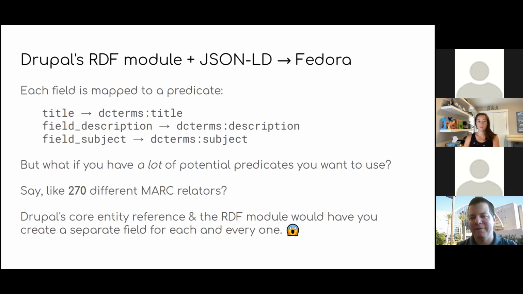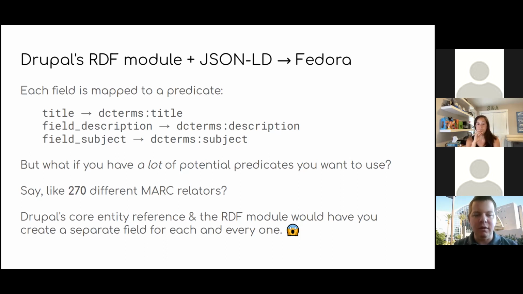Number one, that's a whole lot of fields. And so it would make the form a mess and it would complicate display. It really is not an ideal solution to create so many fields, especially when many of these relators may never be used. And you might say, well, let's start with a smaller selection of relators and we'll add as we need, but that requires you to then go in, add the field, update the RDF mapping, just because you wanted to add a new relator on the fly.